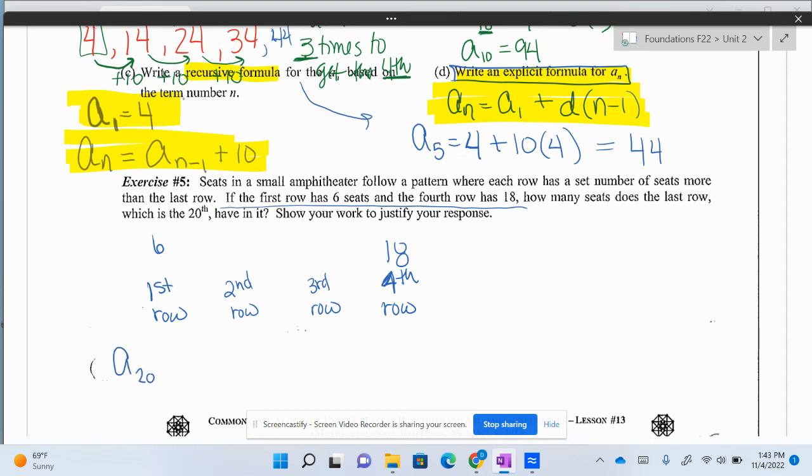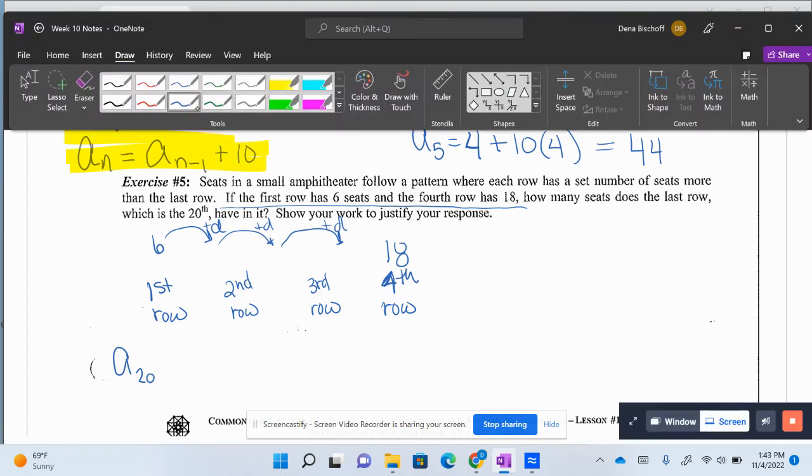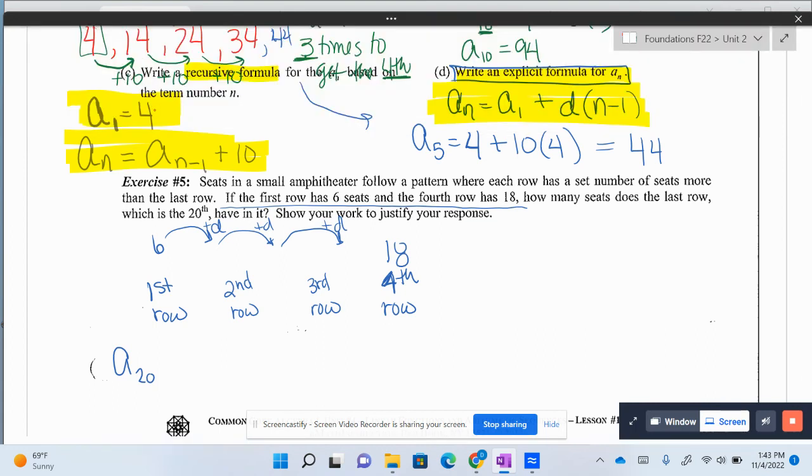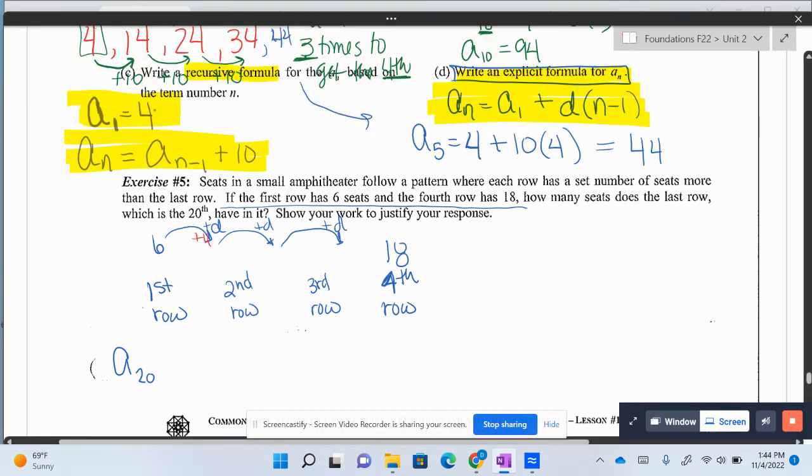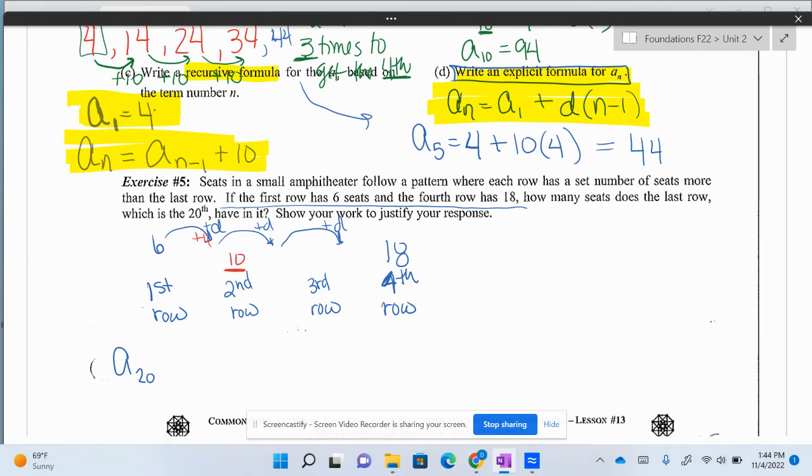So let's see. Here's what I know. Each time I'm going to add the same amount, plus D. What am I adding? 4 each time. Good job. Each time I'm adding 4. If I add 4, 6 plus 4 means there's how many seats in the second row? 10.